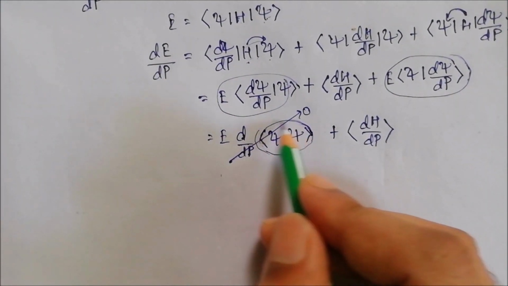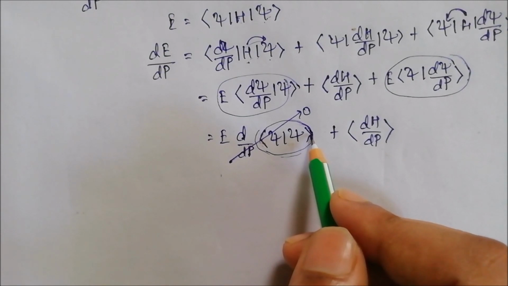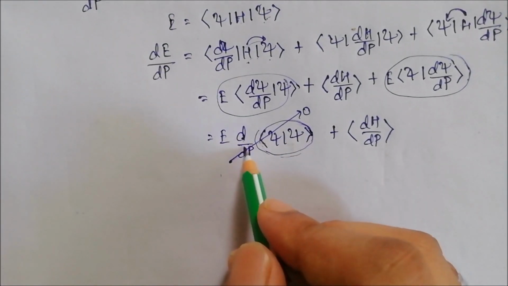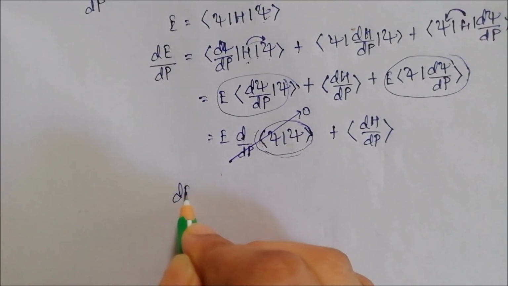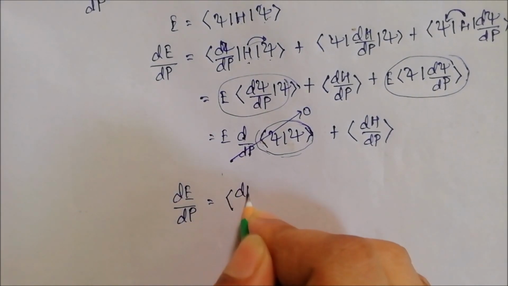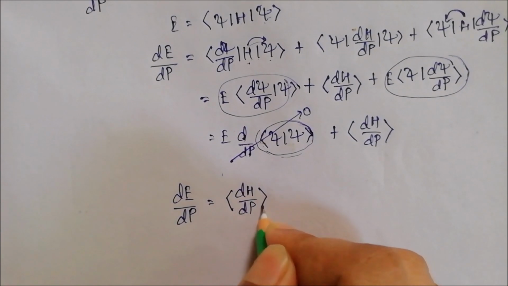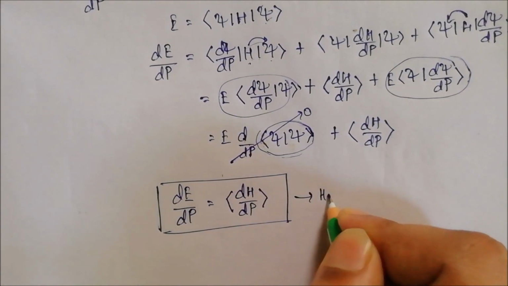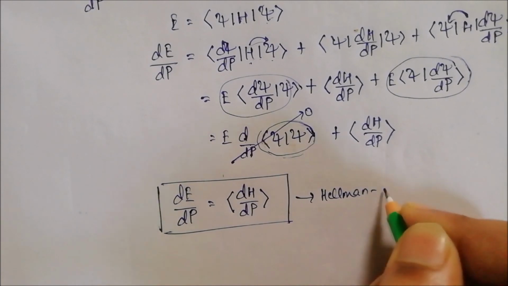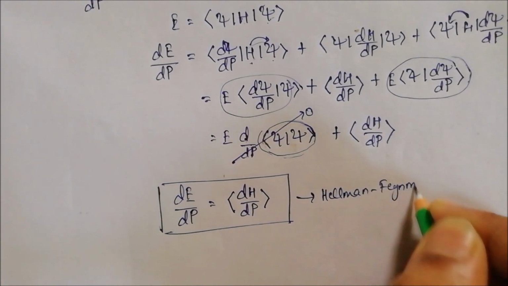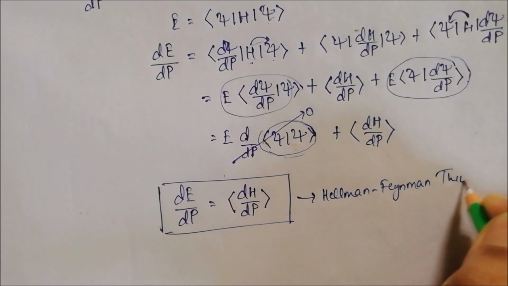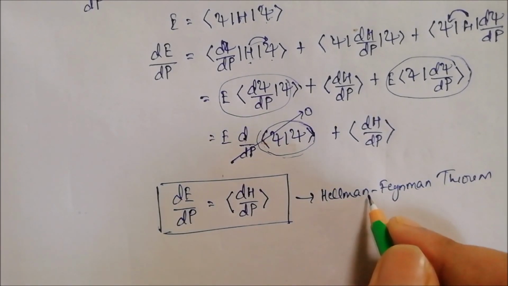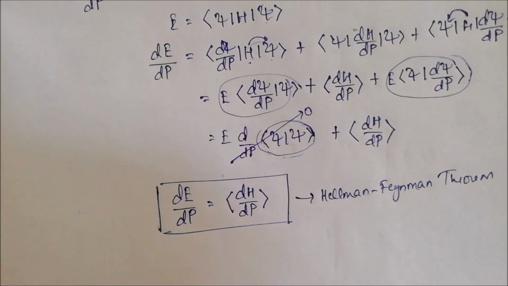Then the result is dE/dp equal to the expectation value of dH/dp. So this is our Hellmann-Feynman theorem. The spelling might be wrong.